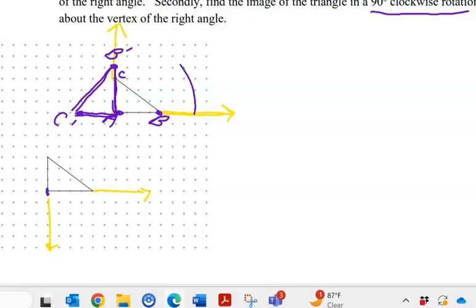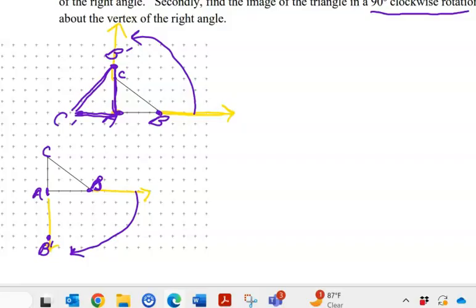Here, I was going 90 degrees counterclockwise. This time, I'm going 90 degrees clockwise. So again, I can call this A, B, C. B is 1, 2, 3, 4 units to the right. If we rotate that 90 degrees clockwise, we're going to be going 1, 2, 3, 4 units down, and that's going to be B prime.